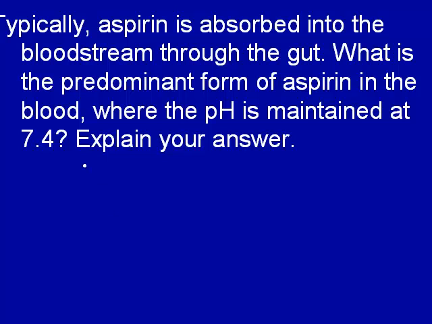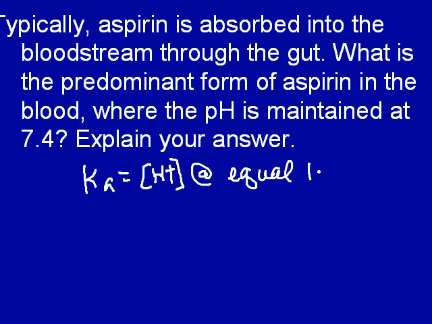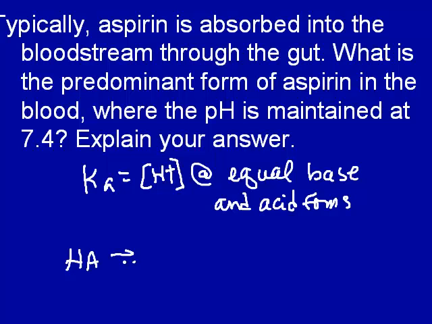Well, remember at that half point, Ka is equal to the H plus concentration at equal base and acid forms. And the equilibrium here is HA in equilibrium with H plus and A minus.